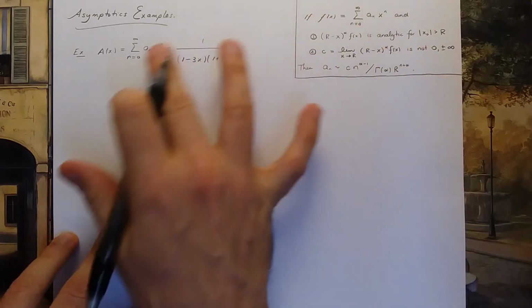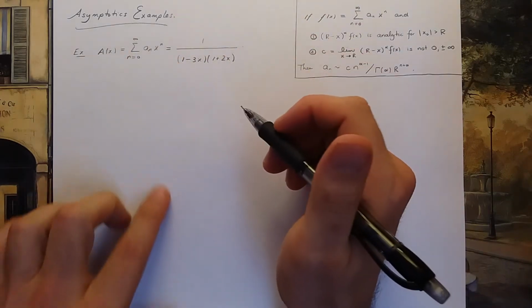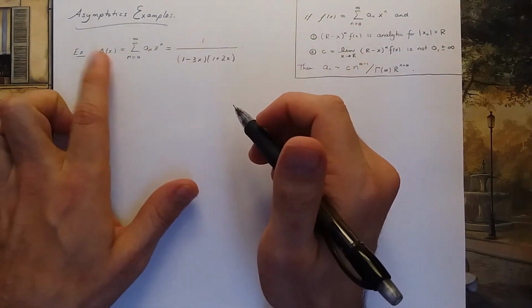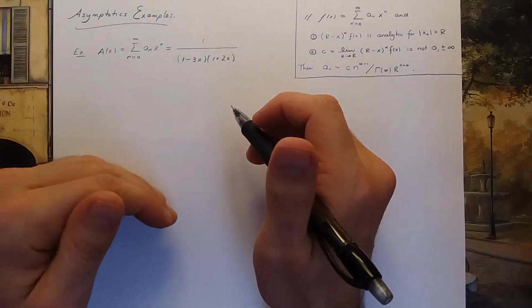Now, we actually have seen this example earlier in the course. This was a generating function we found by playing around with a recursion.